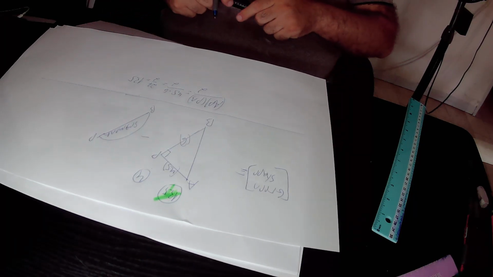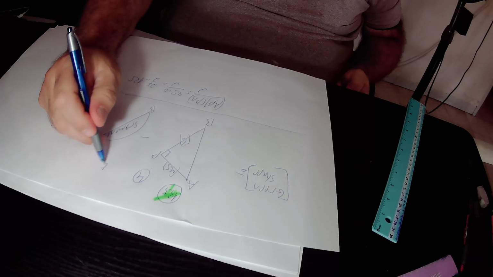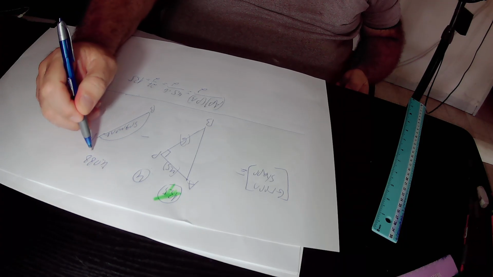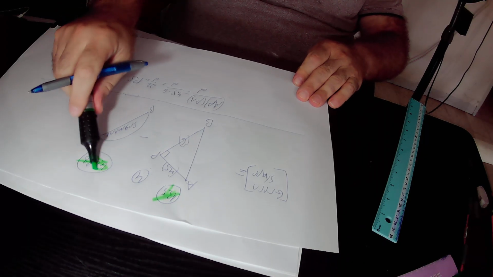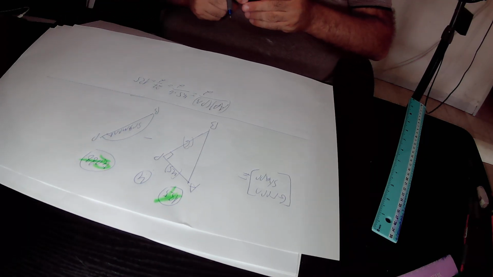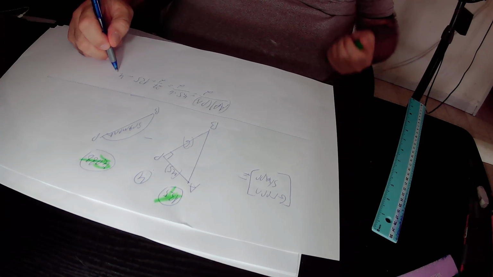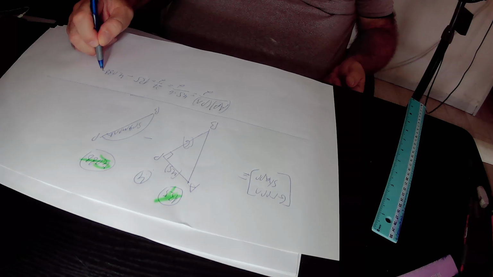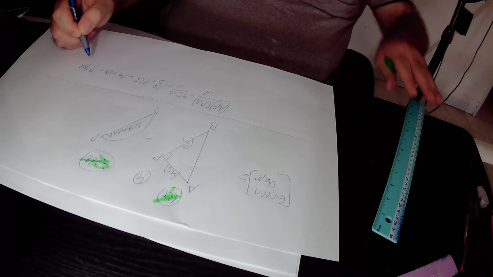minus the area of segment BP. We already found out that the area of segment BP is equal to 4.088 square units. So 13.5, the area of the right triangle APB, minus 4.088 is equal to 9.412 square units.